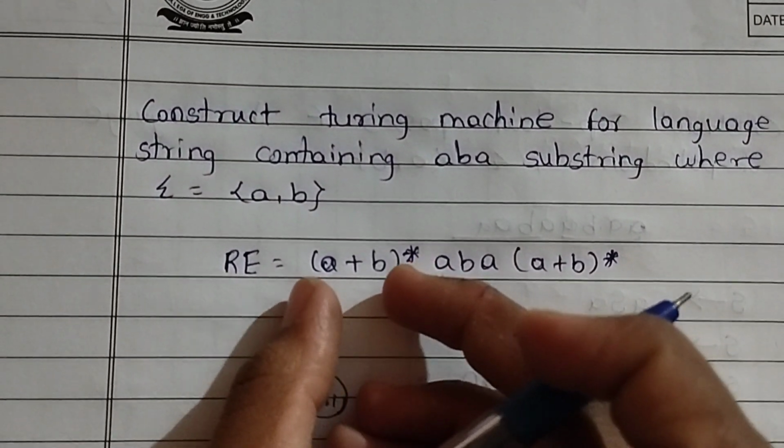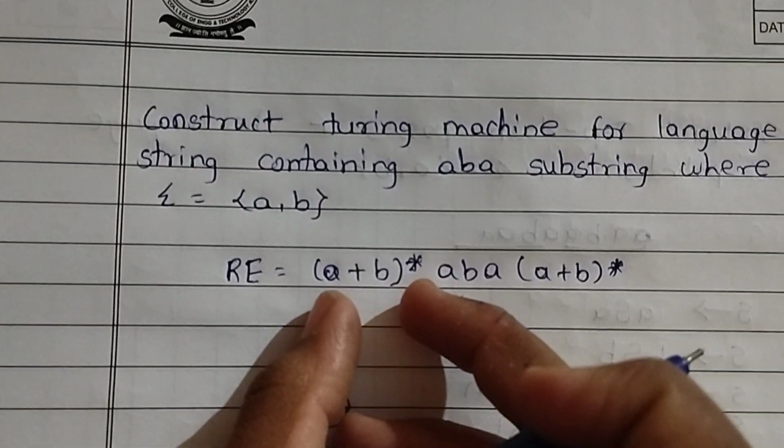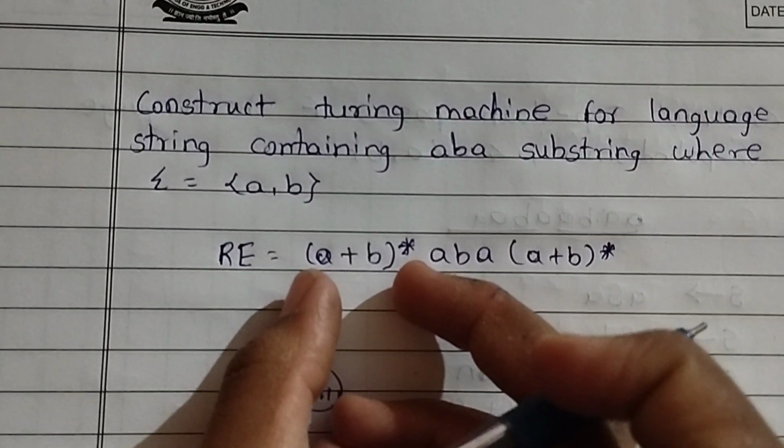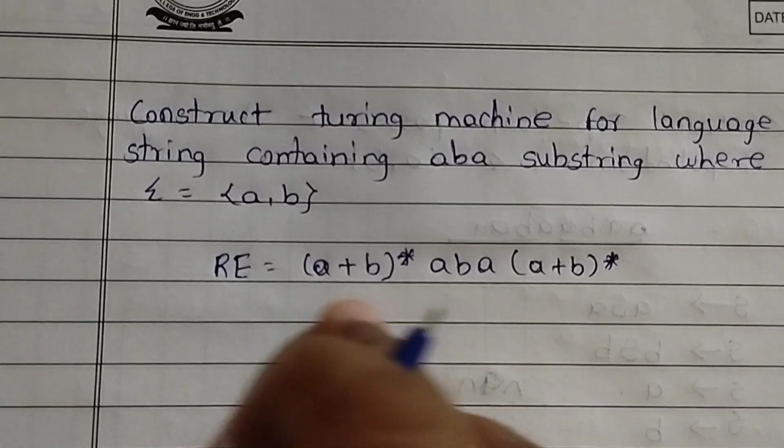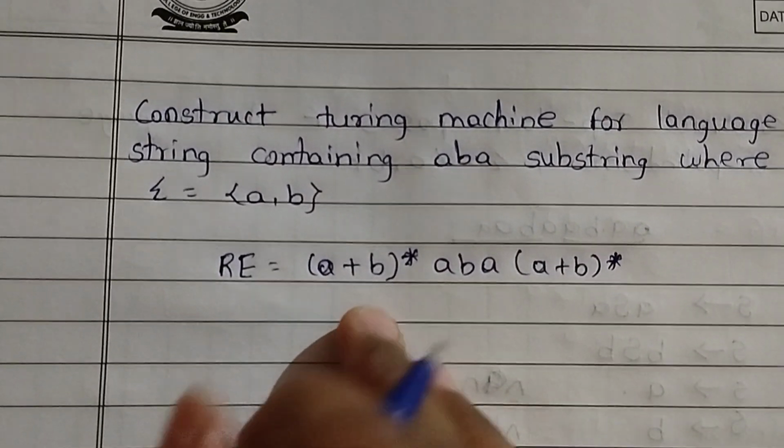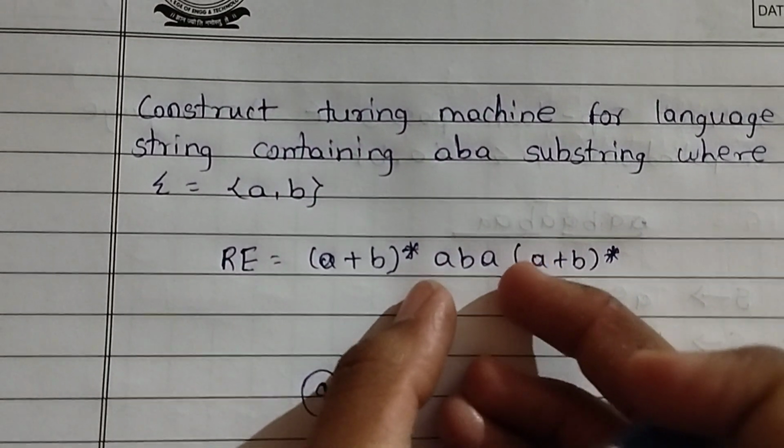This A plus B star means this bracket can be null also. N number of A's, then n number of B's can come in front of this ABA substring.